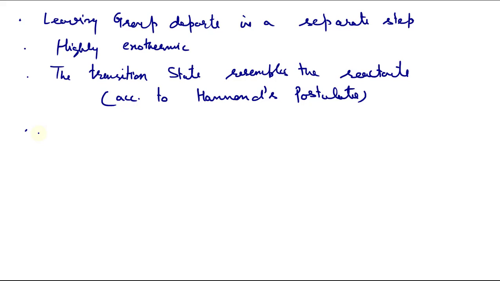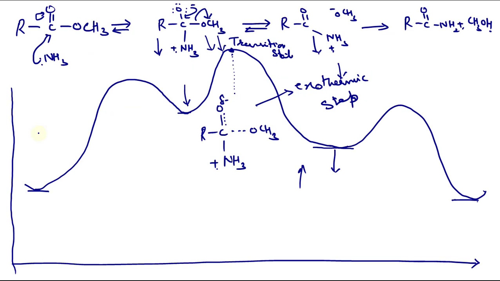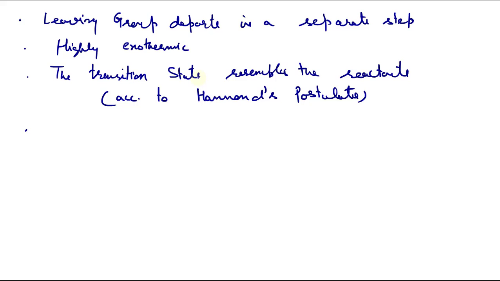So Hammond has given the postulate that the geometry of a transition state is similar to the species it is close to in energy. Now this transition state was close in energy to the reactant species, the tetrahedral intermediate, so its geometry resembles this.